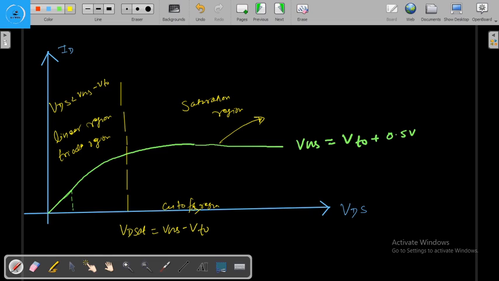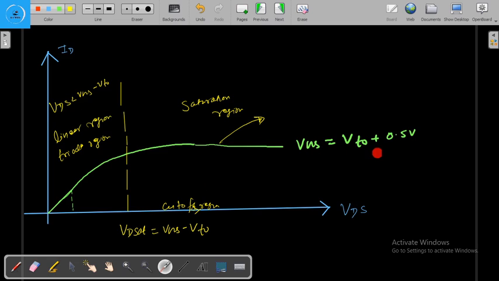And here the graph is bending because of the increasing resistance of the channel, because of increasing the drain to source voltage. So this is the curve for drain current and drain to source voltage. This is a curve for a constant VGS.